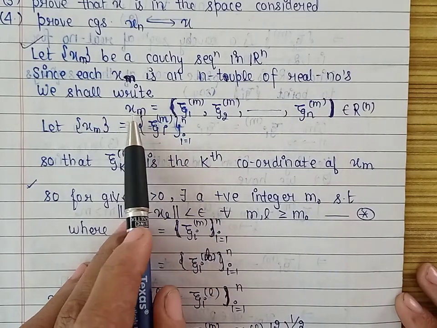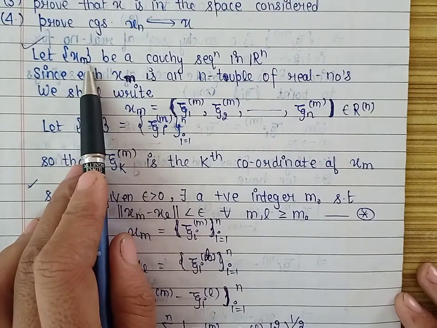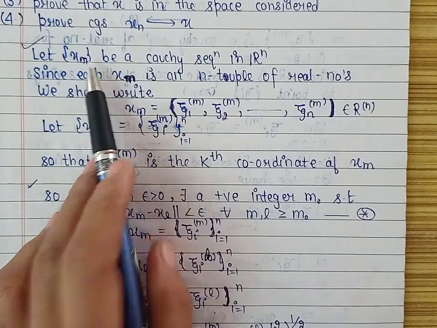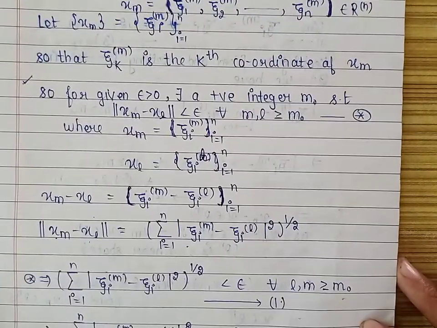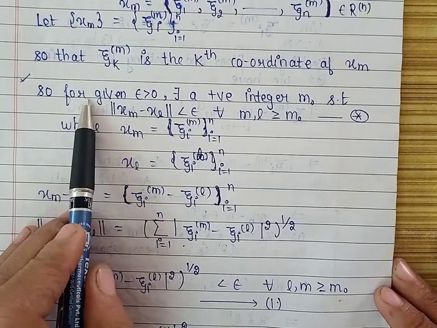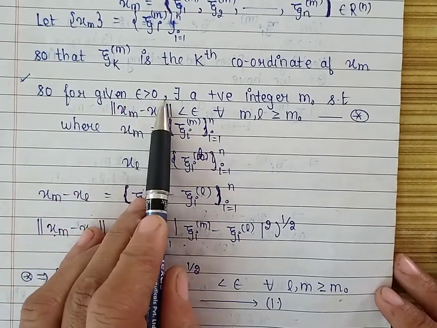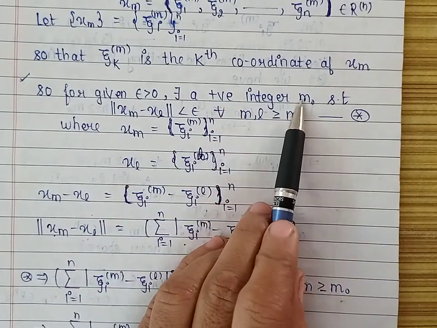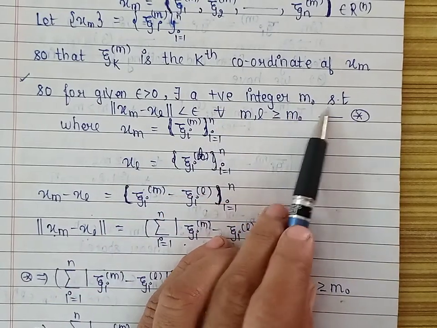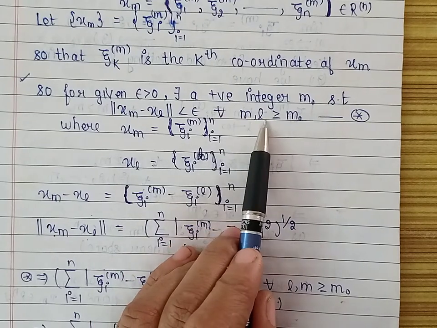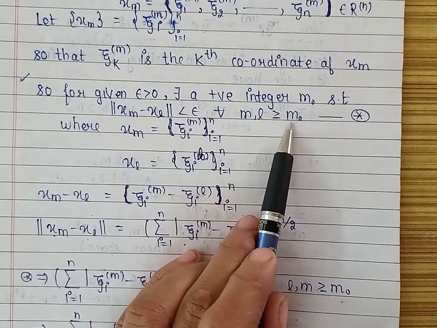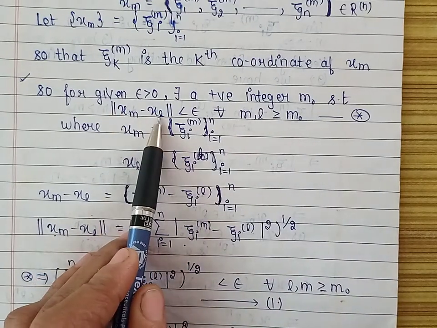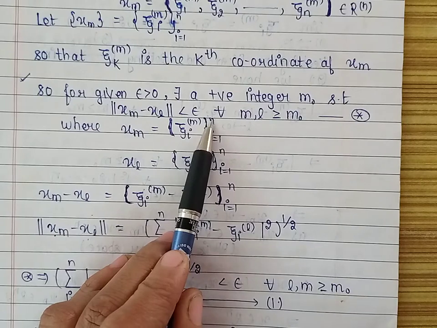Now because this sequence is a Cauchy sequence in Rn, we can apply the definition of Cauchy sequence. By definition, for epsilon greater than 0 given, there exists a positive integer, let us take that positive integer as m0, such that for all m and l greater than or equal to m0, the norm of xm minus xl is less than epsilon.